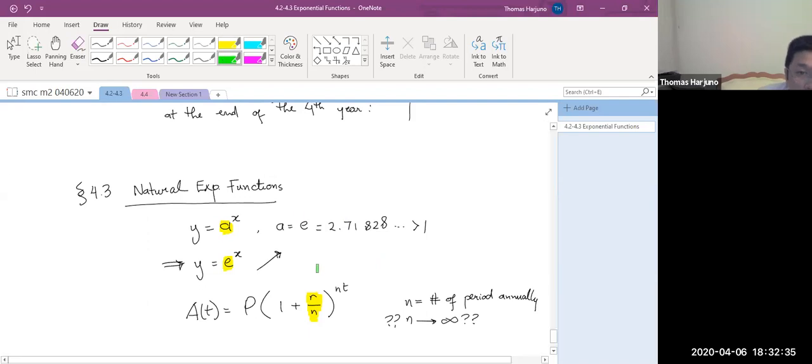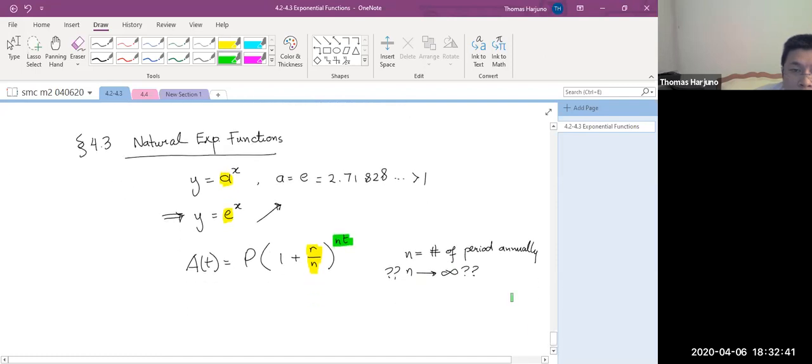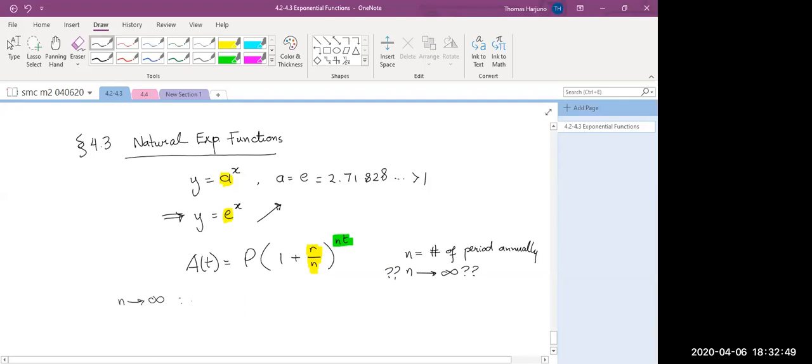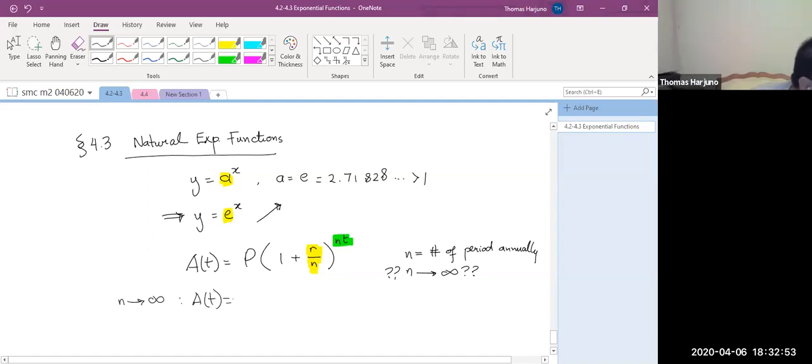However, this part here gets larger. So we found out that when n goes to infinity, the formula becomes the continuously compounding formula. This is P e to the r t.